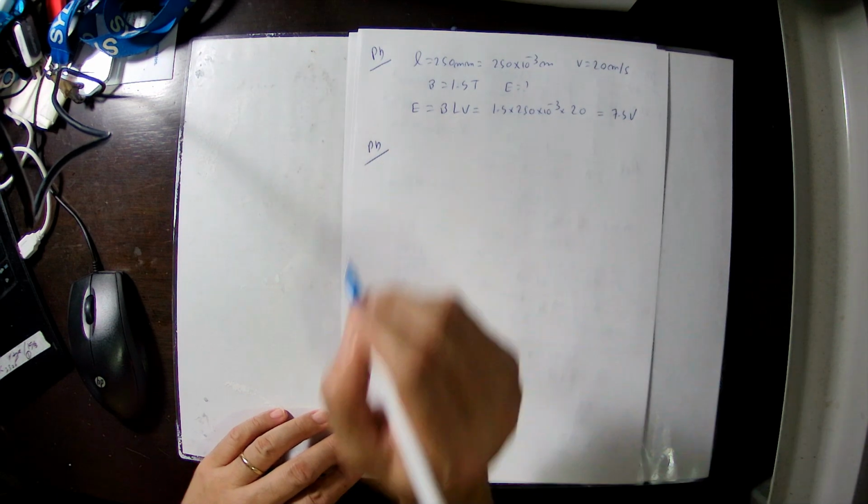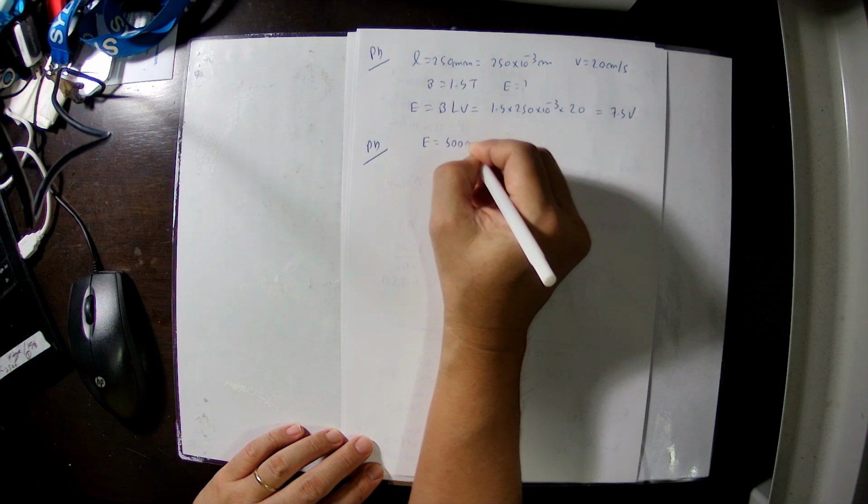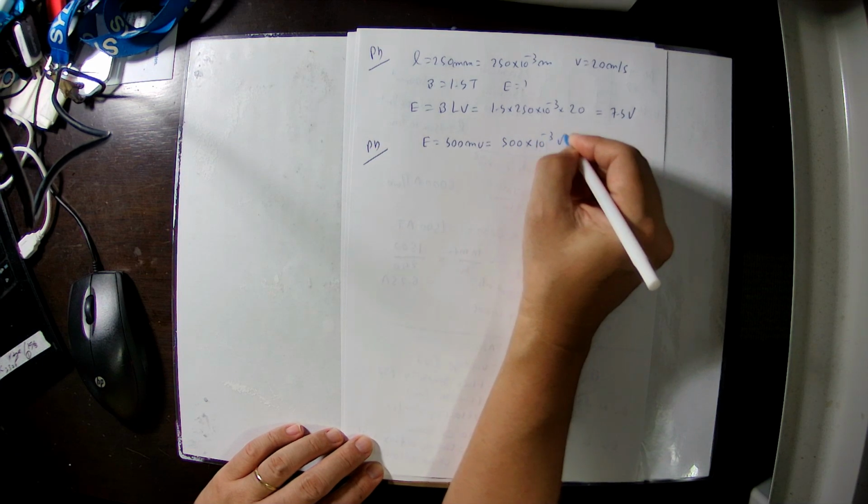The next problem. Determine the velocity of a 200 millimeter length conductor moving at uniform speed through a magnetic field of 1.25 Tesla at a right angle to produce a voltage of 500 millivolt. So in this case, E equal to 500 millivolt, which is 500 into 10 power minus 3 volt.